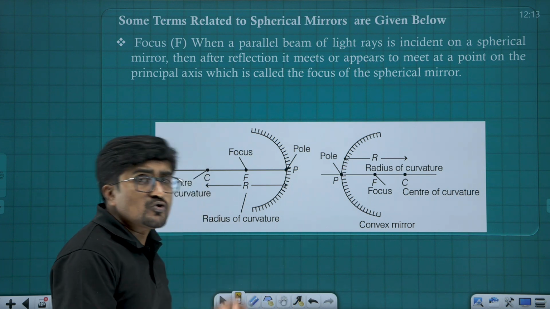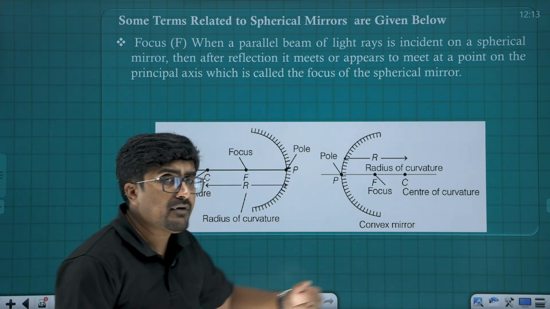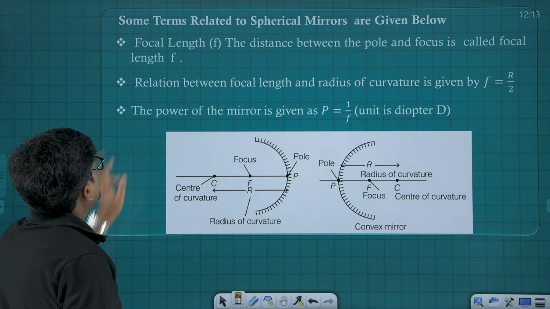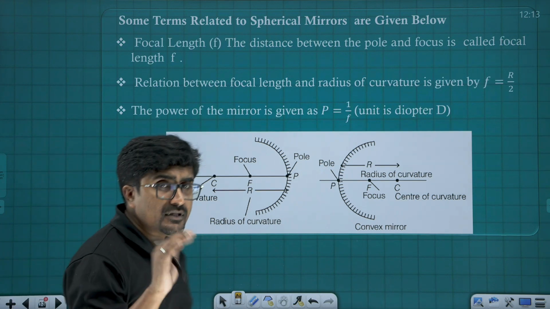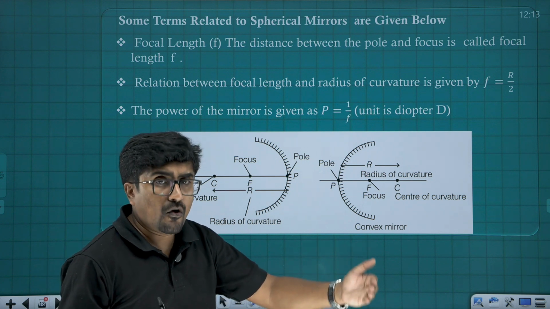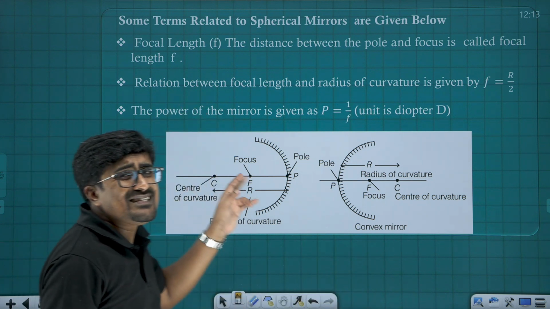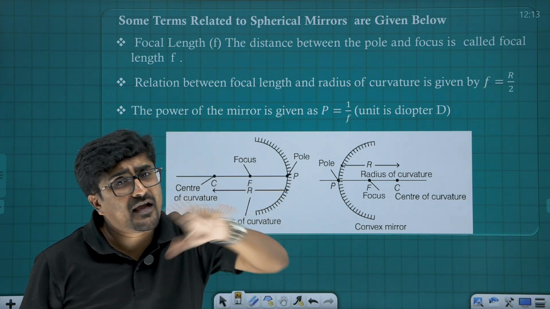These points, separately for concave and convex, are known as the focus. Next is focal length PF, with P for pole and F for focus. The distance between P and F is known as the focal length.